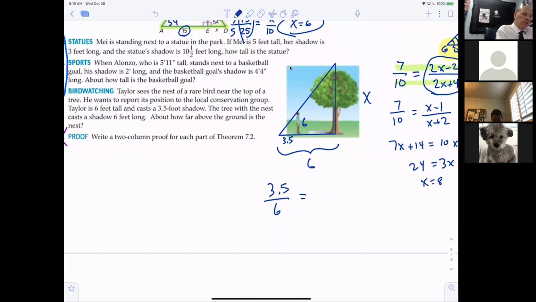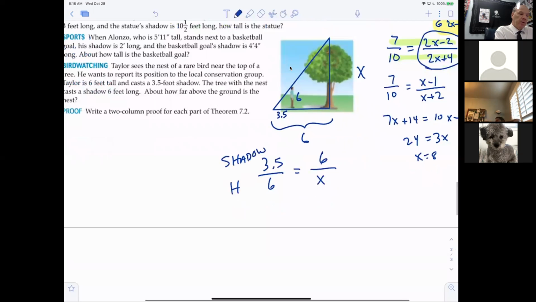The 6 feet is how tall. So x is here, shadow is here. All right, 3.5 is the shadow, and this is the height. Does that make sense now? Yeah. All right, cross multiply, divide.